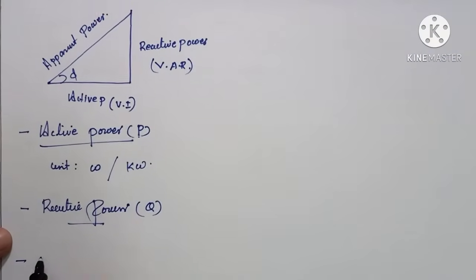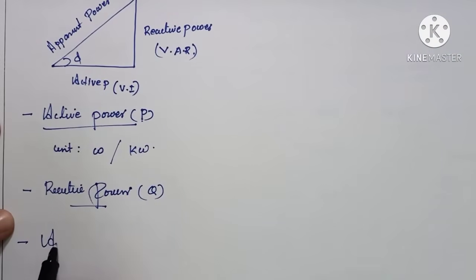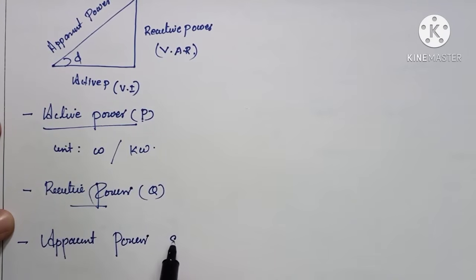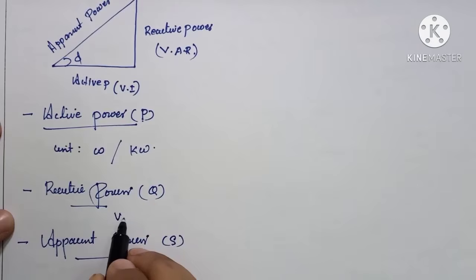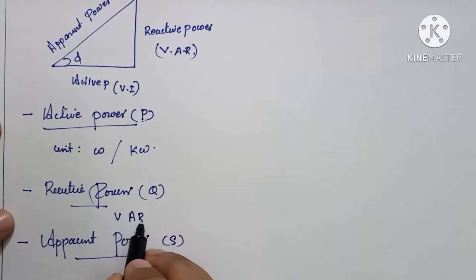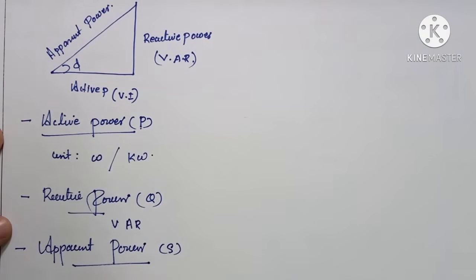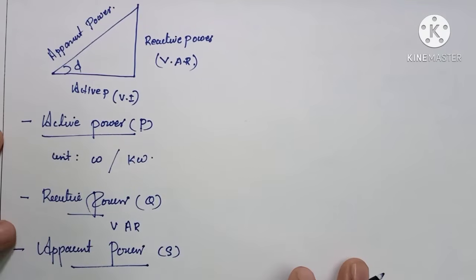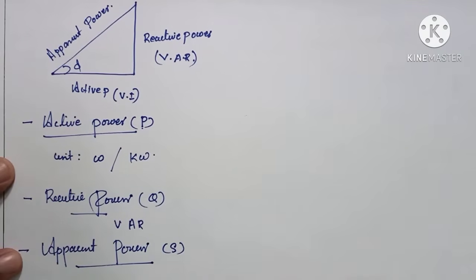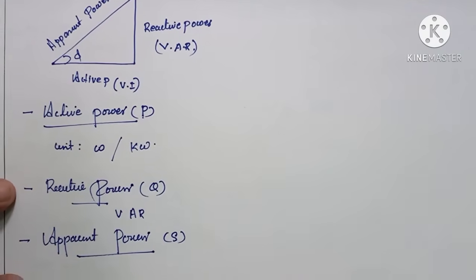And the third point is apparent power. It is represented by the letter S. Okay, the unit of reactive power is VAR, and the apparent power will be nothing but the power which is supplied by the utility, and it will be the product of applied voltage and current.